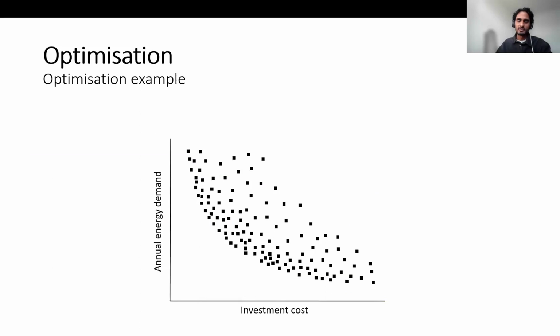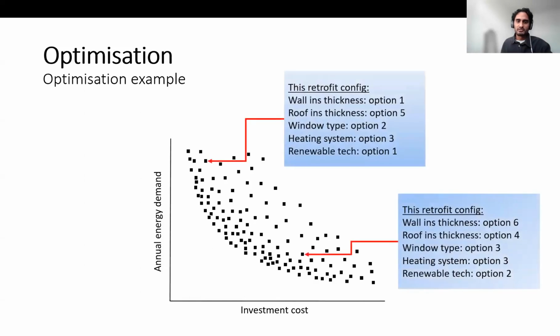So here I've plotted, and this is just an example, these are not real results, the 2 optimization objectives on each of the axes of this graph. And each of these points just represents a different retrofit configuration. Each of these configurations has associated with it a different value for the energy demand and the investment cost.